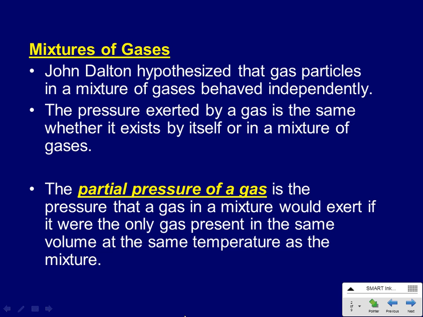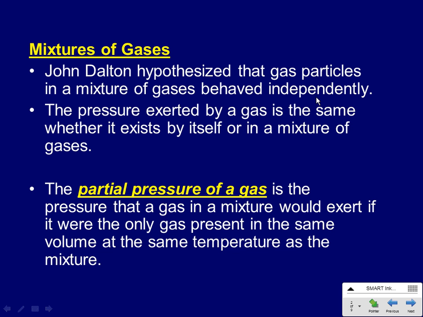There is no distinguishing between particle A and particle B when it comes to pressure. Everything exerts the same pressure at the same temperature and at the same volume, given the same number of moles. And that's what this first statement says right up here. John Dalton hypothesized that gas particles in a mixture behave independently.